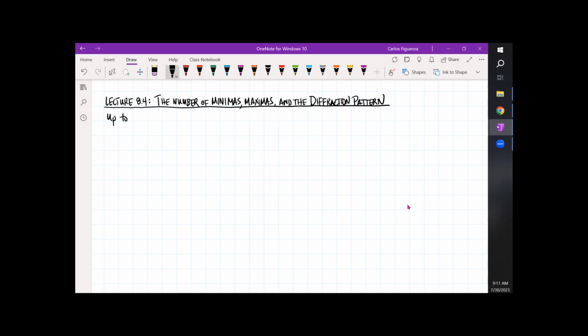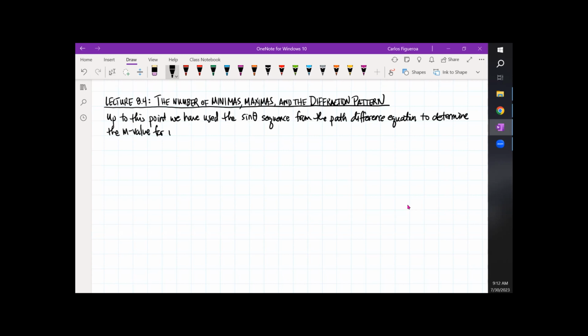Up to this point, we have used the sine theta sequence from the path difference equation to determine the m value for interference.